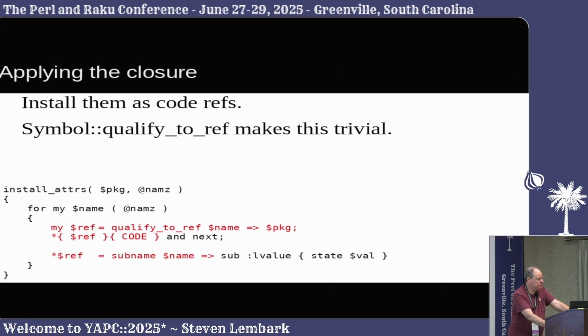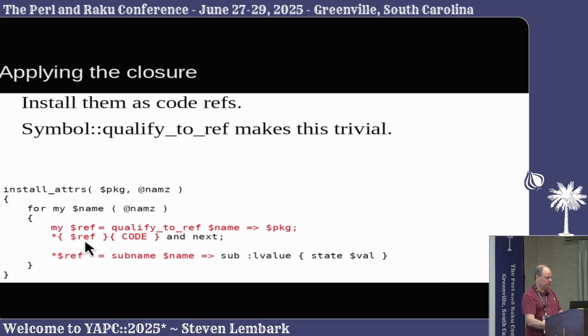This is pretty much the same mechanism that Exporter uses when you export subs. It's just that instead of the sub being a local closure, it's a reference to something in your code. Does this make sense the way I'm showing it? So, again, in the second red line here, I can say if the ref to code, this is the thingy notation that says, okay, if there already is an accessor for this, skip the next step.